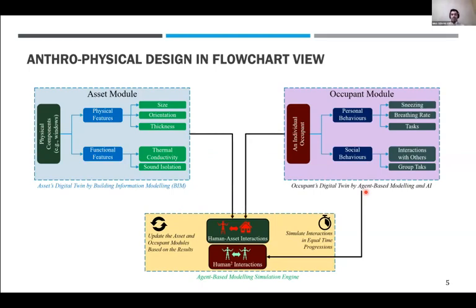Then the interactions between the asset and people are considered with both modules in. For example, if I'm opening a window, there is a new outlet and inlet for air, natural ventilation, and this is a human-asset interaction. An agent-based model can also do this.